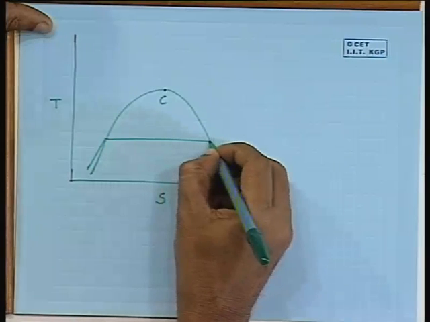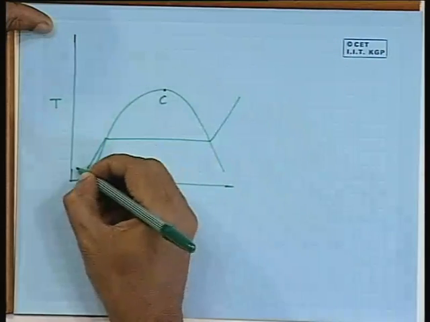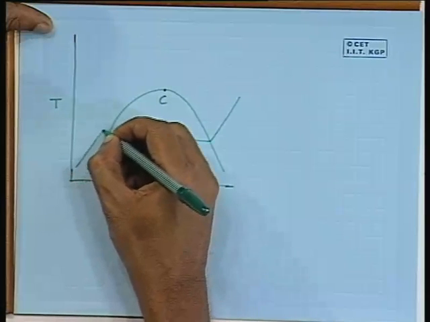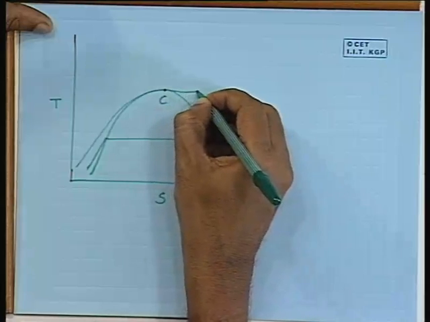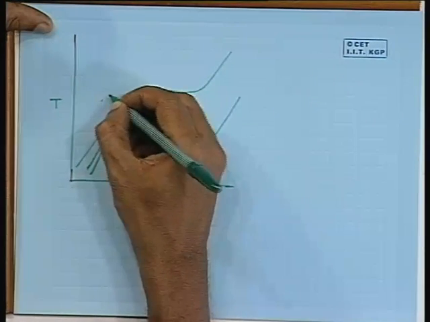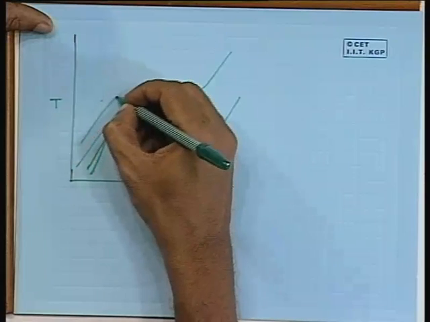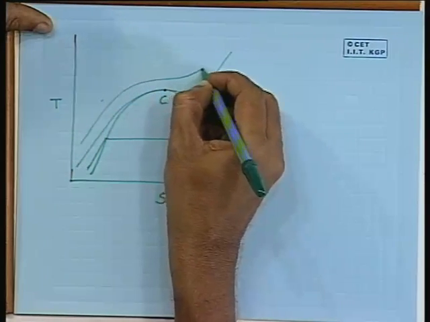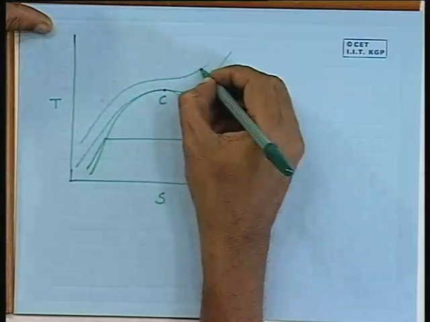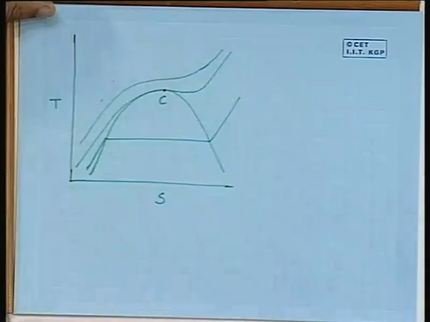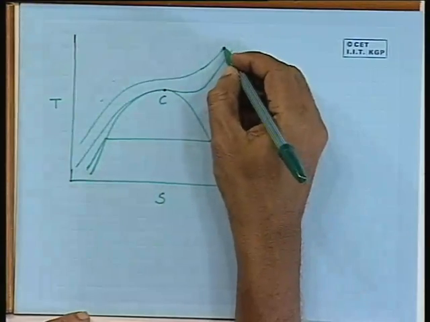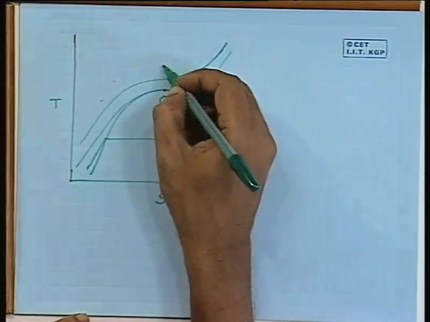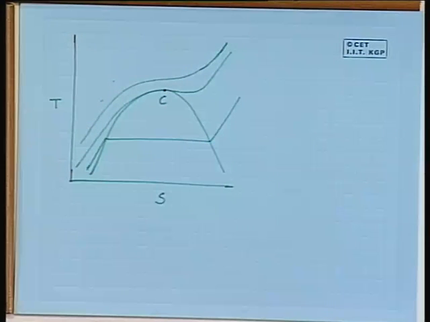This is a constant pressure curve. Through the critical point, you will have a curve like this. Beyond the critical point, you will have curve like this. All right. Now, if the state of the fluid is such that it is somewhere above the critical point, then we consider it to be a gas.